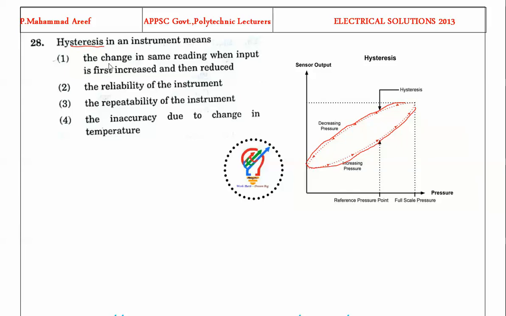So hysteresis in an instrument means the change in the same reading when the input is first increased and then decreased. That difference is an error, we can call it hysteresis error, right?